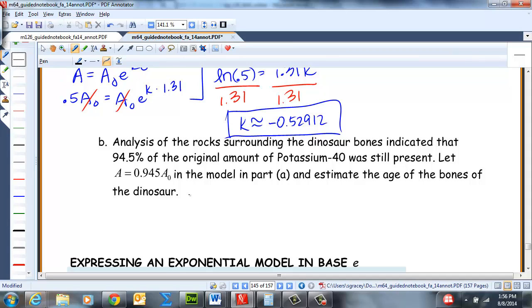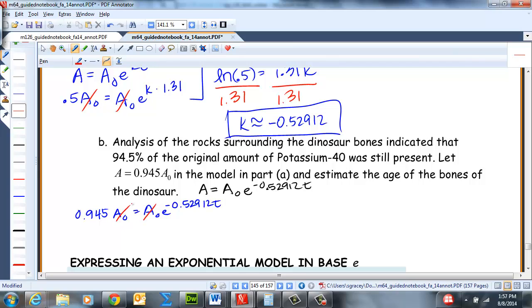So, the original model is A equals A0 e to the negative 0.52912t. So, letting A equal 0.945 times A0 equals A0 e to the negative 0.52912t.